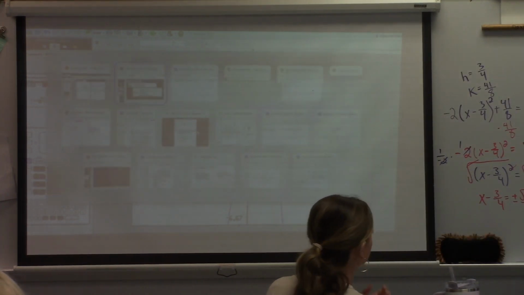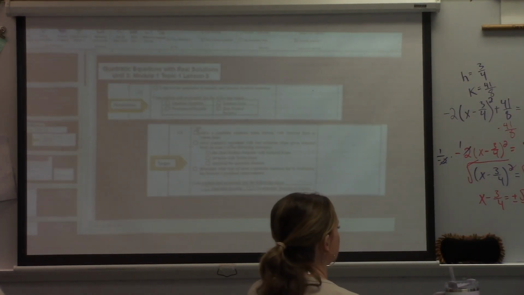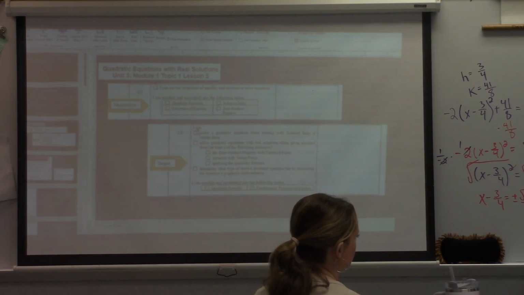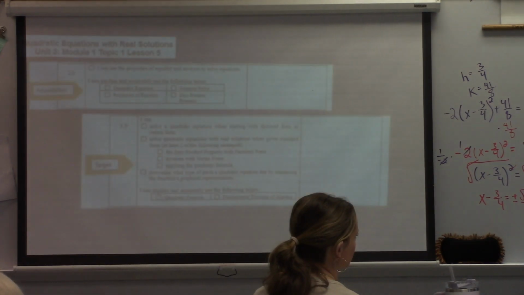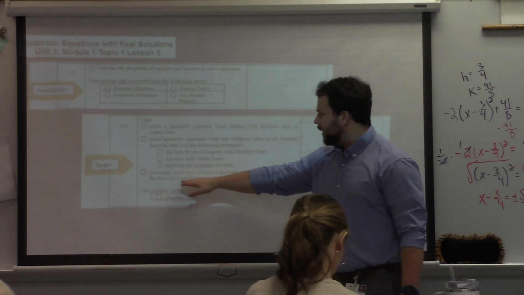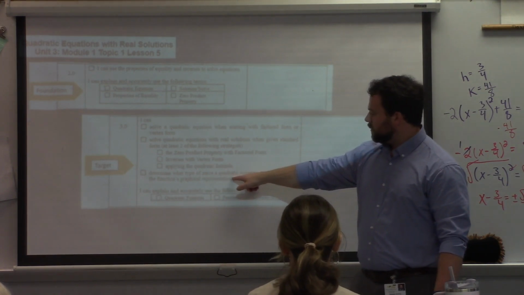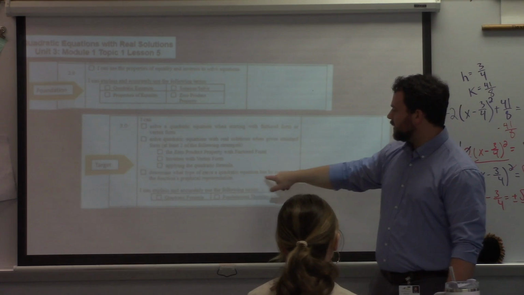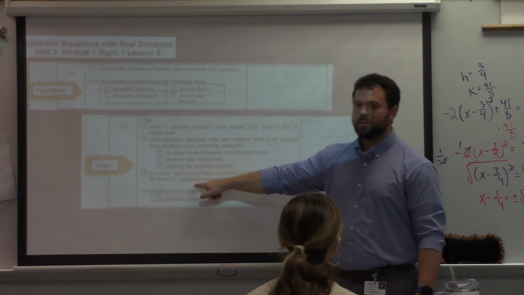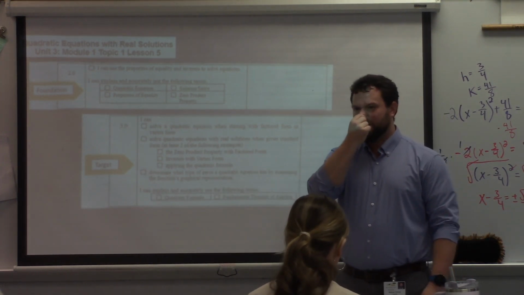And that is impactful for what we're about to do. All right, so we can always improve our understanding, update your knowledge from where we've been. Hopefully, at this point, notice what is this last one right here? Determine what type of zeros a quadratic equation has by examining the function's graphical representation, right?